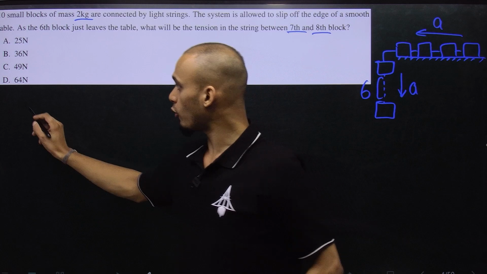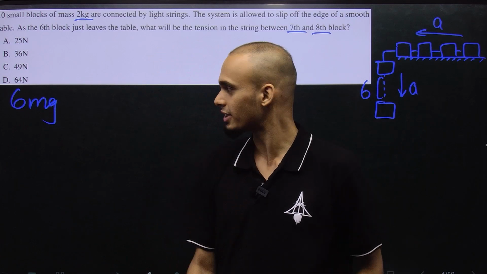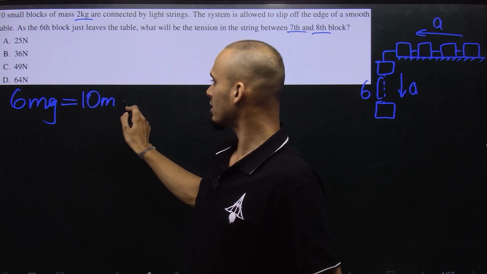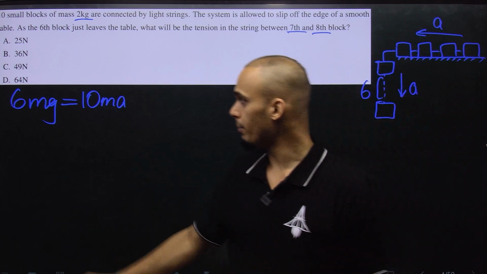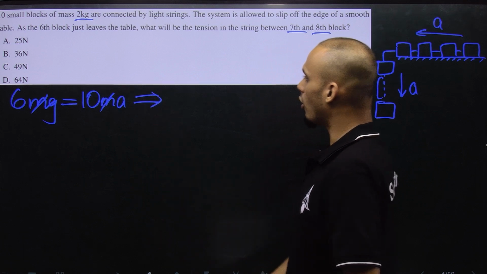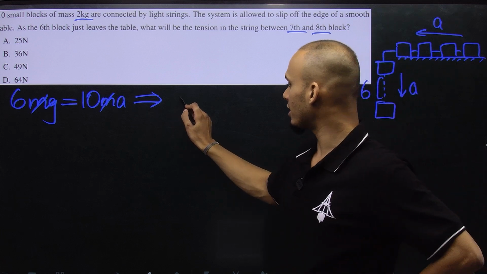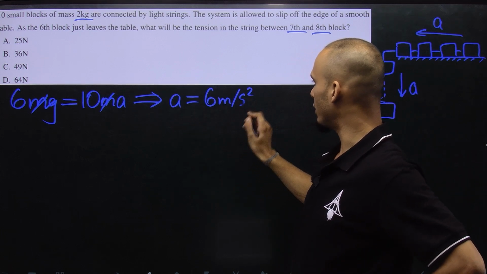So the driving force of the system will be 6 times mg, that is the weight of the 6 hanging blocks. This should be equal to the total mass into acceleration of the system, which is 10 m a. M and m will get cancelled, and since we have the value of g, we can take it to be 10. So the acceleration of the entire system, we get 6 meters per second square.